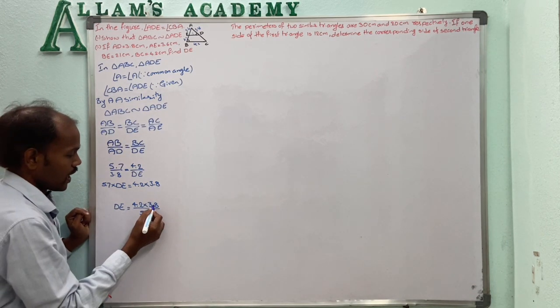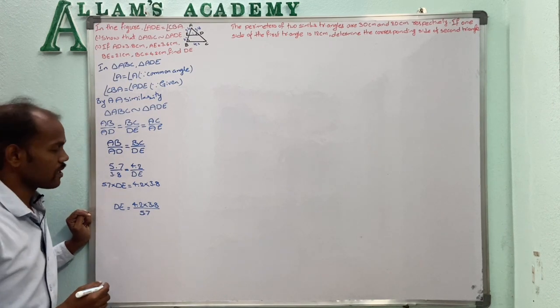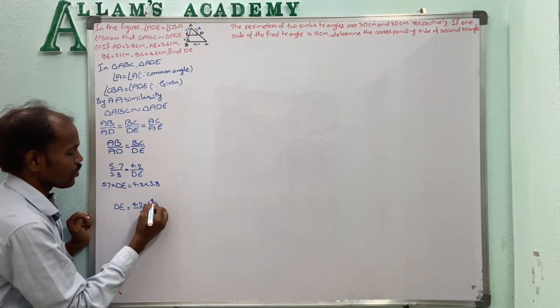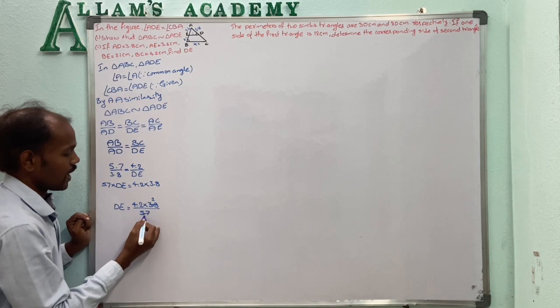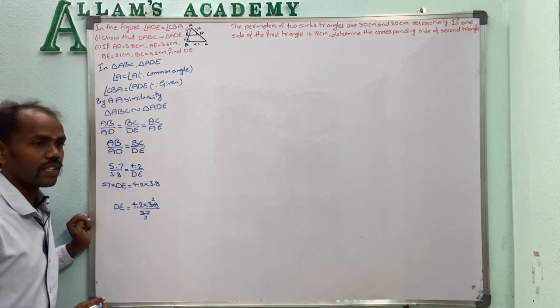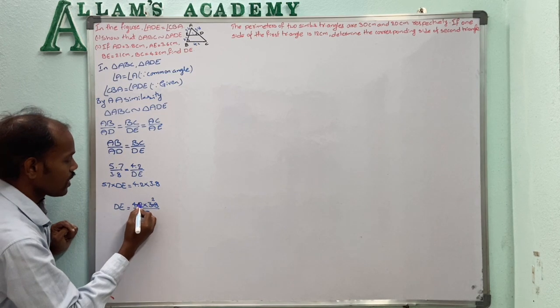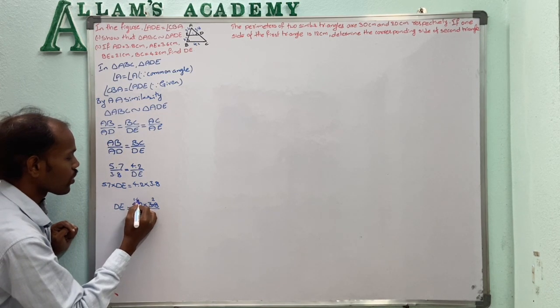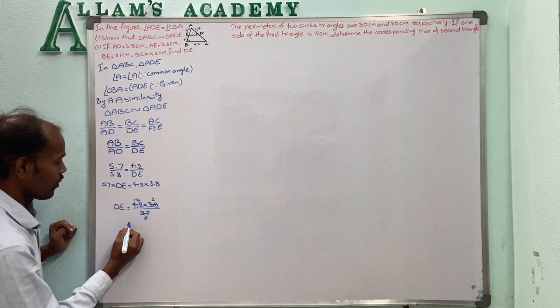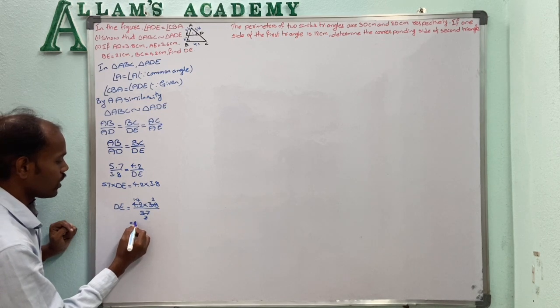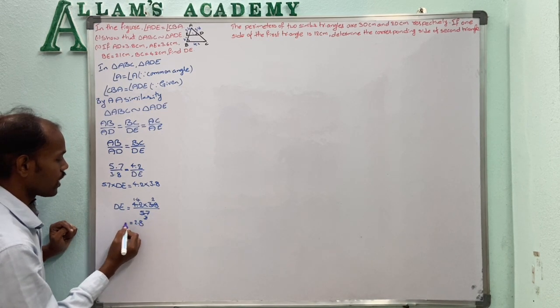If we cancel: 19 twos are 38, 19 threes are 57. Now 3 ones are 3, 3 fourteens are 42, so 1.4 into 2 means 2.8.